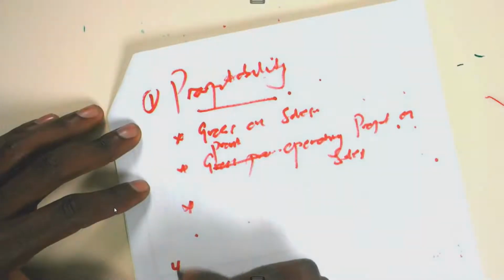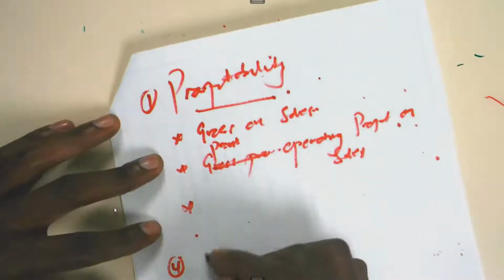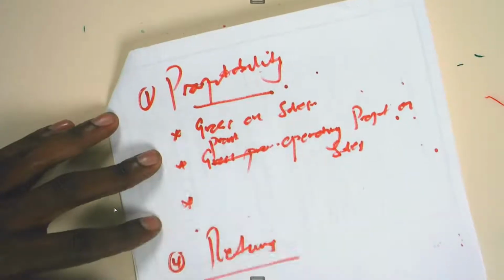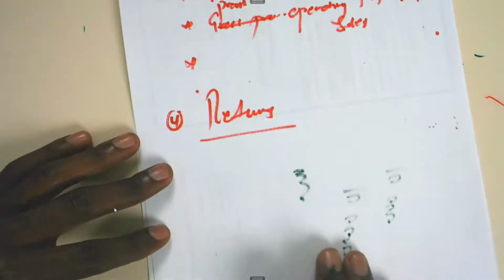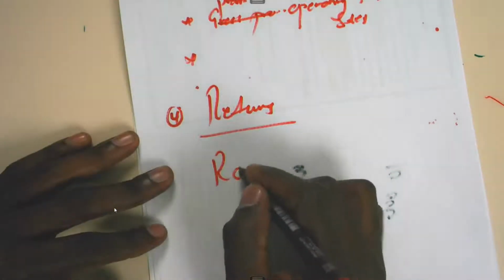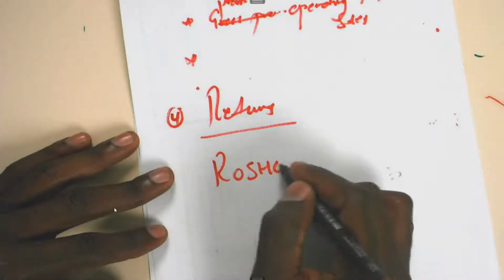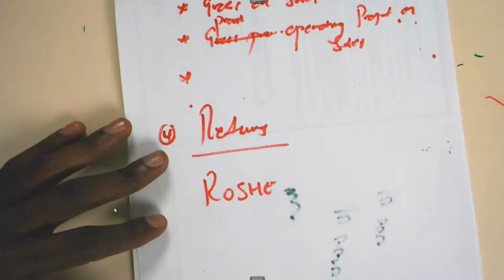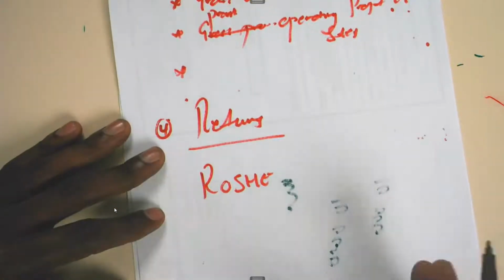And then we can also use the returns. Remember, the shareholders, when they invest in the company, are also interested in what they are going to get. So the financial indicator that deals with it will be the ROSHE, return on shareholders' equity, meaning what they have invested, how much are they going to get.